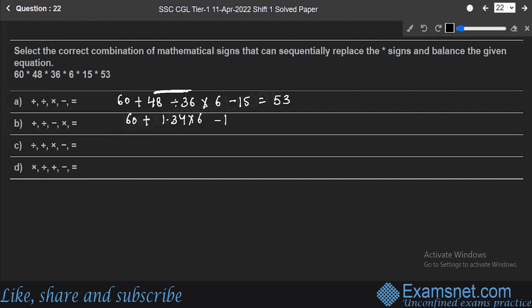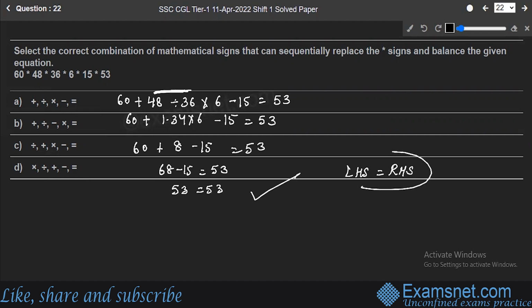Multiply by 6 will be 8, so 60 plus 8 minus 15 is equal to 53. This will be 68 minus 15 is equal to 53, or 53 is equal to 53, which is absolutely correct. Here the LHS and RHS are equal. So our option 1 is correct, right? Still, we'll check the other options also, so that we can be pretty sure of our answer.